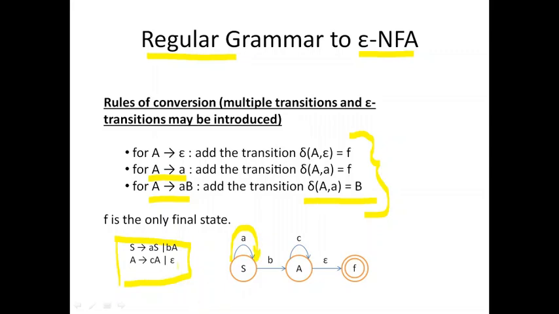Now the next production is capital S giving small b capital A. So from S, you will have a transition on b to capital A.